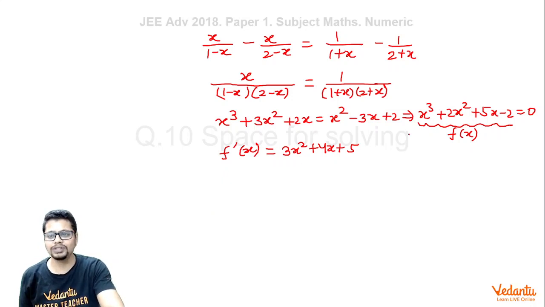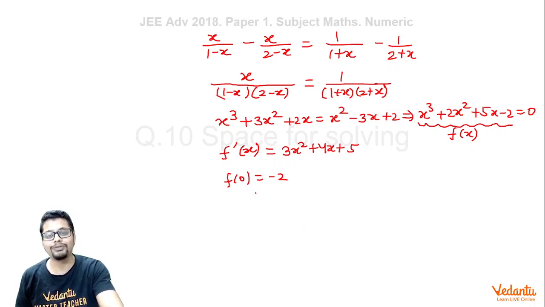So here let's first of all put the simplest value of all, which is 0. When you put x to be 0, f of 0 turns out to be minus 2. So that means it has still not crossed the x-axis. Why? Because as x tends to minus infinity, f of x will go to minus infinity, and since it is strictly increasing it will cross the x-axis exactly once, and at x equal to 0 it has still not crossed the x-axis.